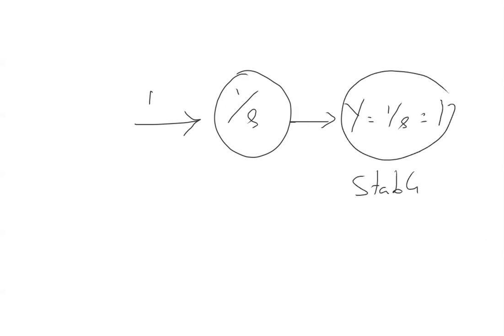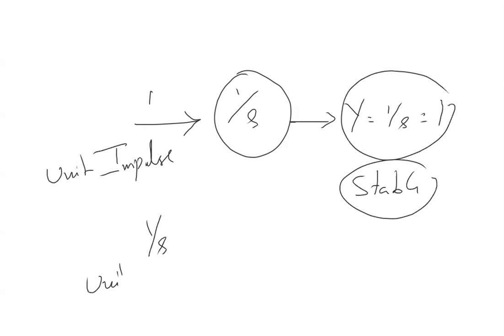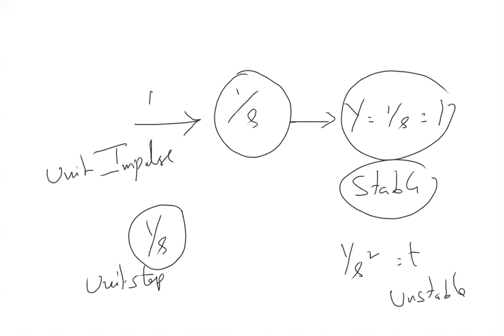If you give a unit impulse input, then the system is stable. But if you give a unit step input, then this becomes 1 by s square, which is t, which is unstable. Clear? So for an input of 1 by s, it is unstable. But for an input of 1, it is stable.